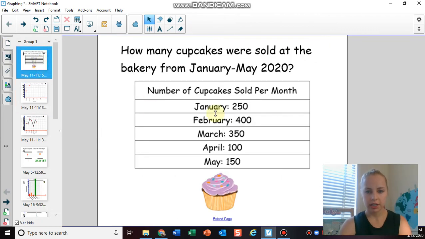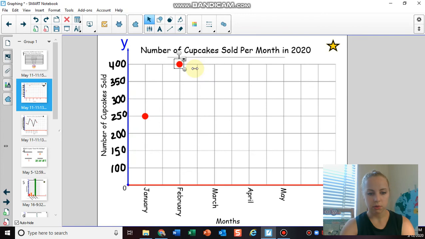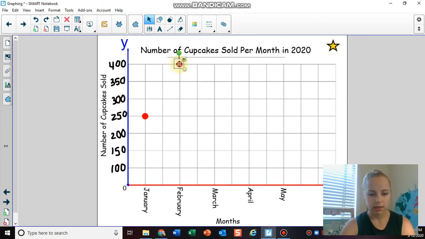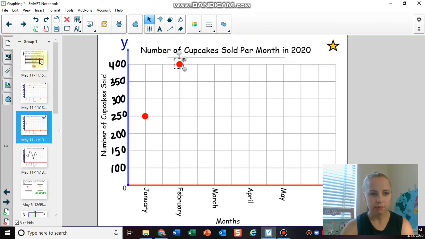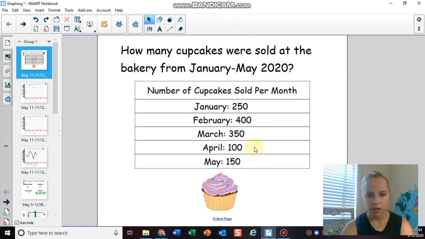In March, 350 cupcakes were sold. So we're going to put our data point for March, lining up with 350. In April, 100 cupcakes were sold.